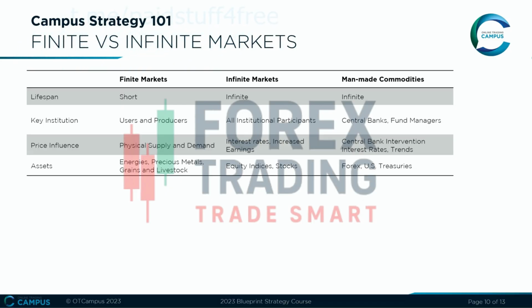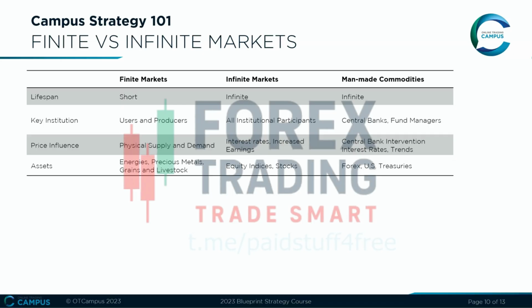What else? Gold and silver, they're used for computer chips or nice jewelry. Crude oil, of course, or natural gas are made into energy. And so all of these commodities have one thing in common. They're finite. They go from producers to users, and then it's all over.